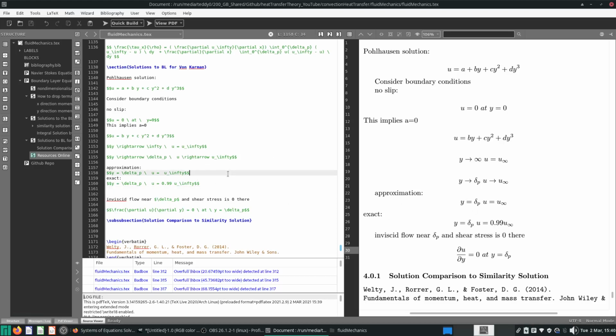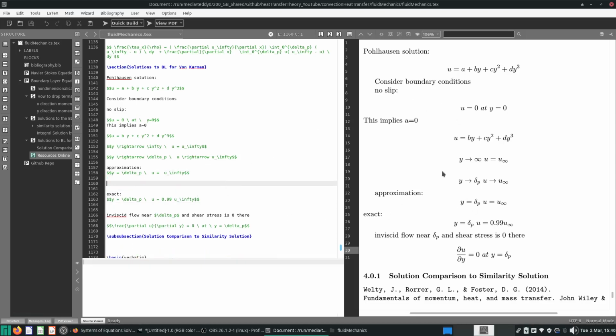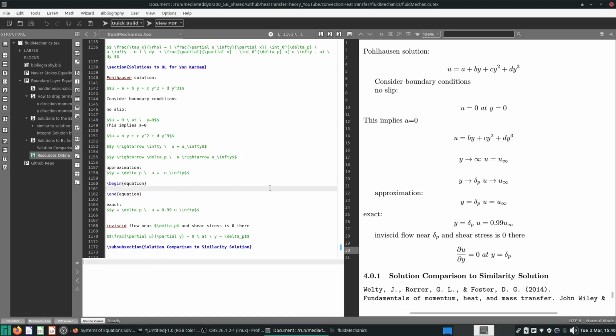From this second boundary condition, what can we say? We can substitute these values of delta p, u infinity into this equation here. So u infinity equals b delta p plus c delta p squared plus d delta p cubed.